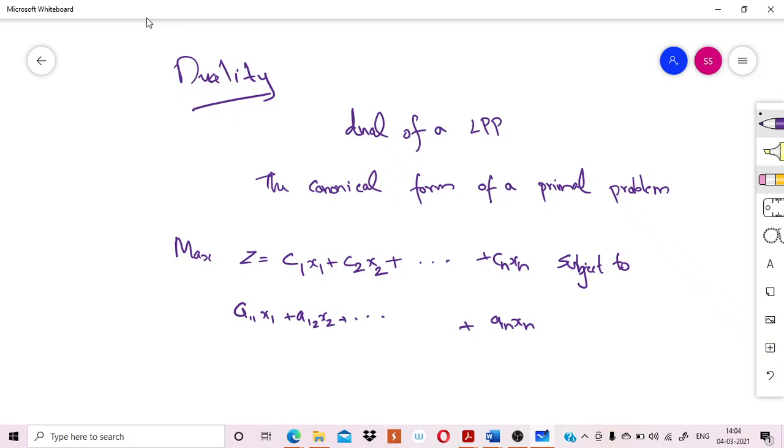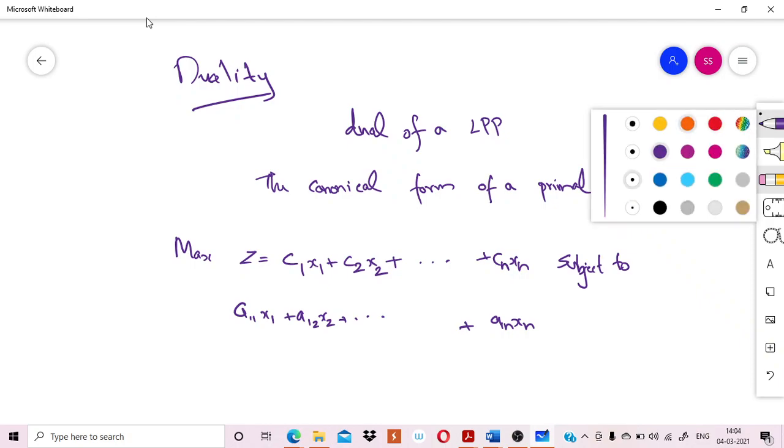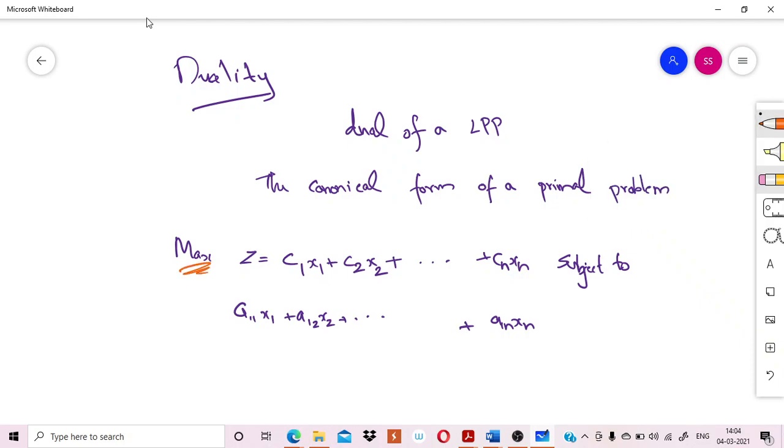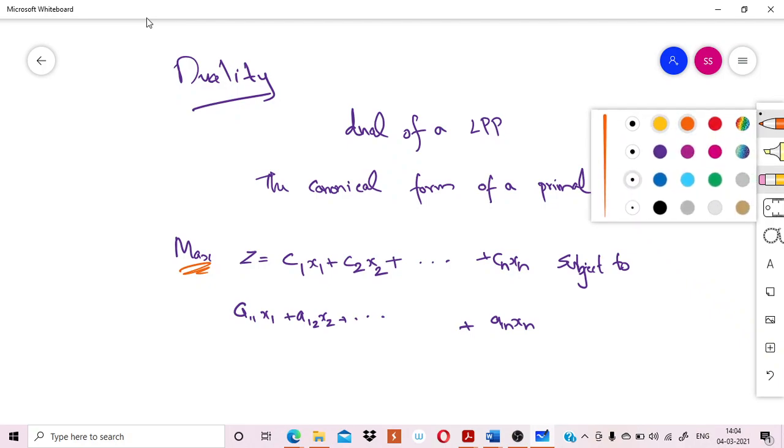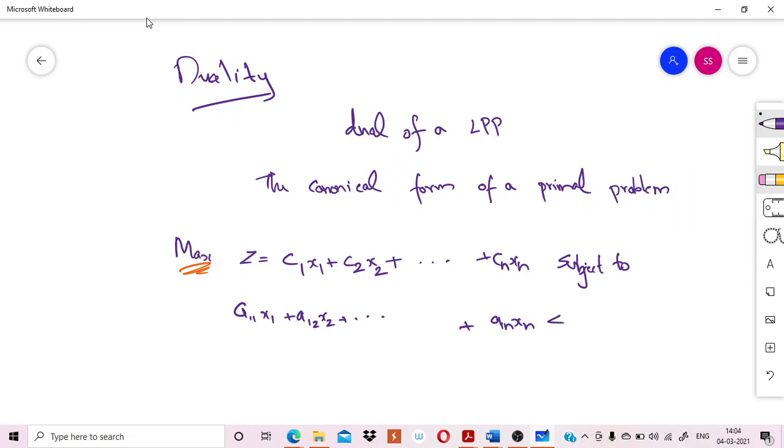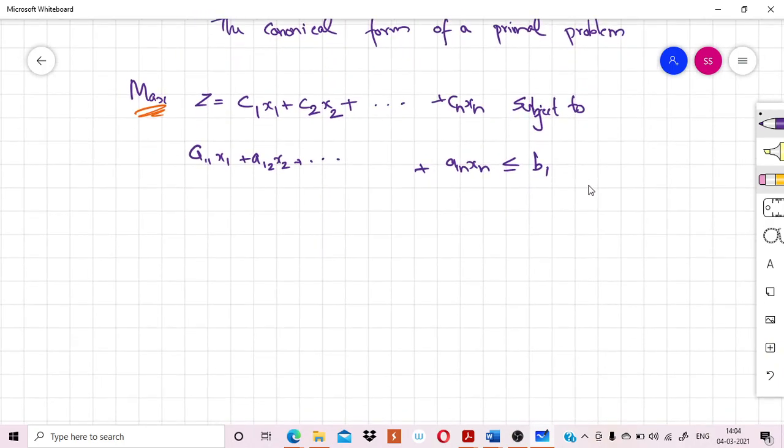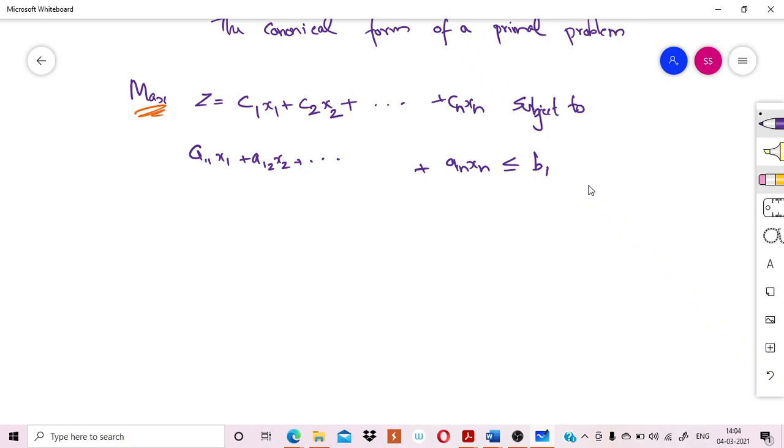Its canonical form, for maximization, is all less than or equal to b1.